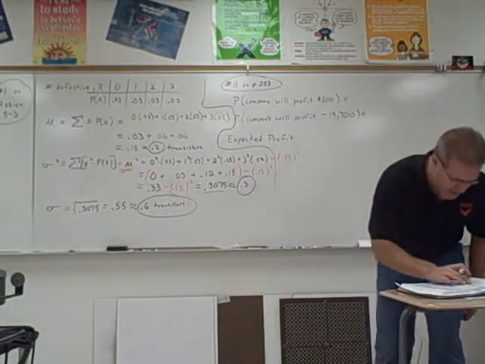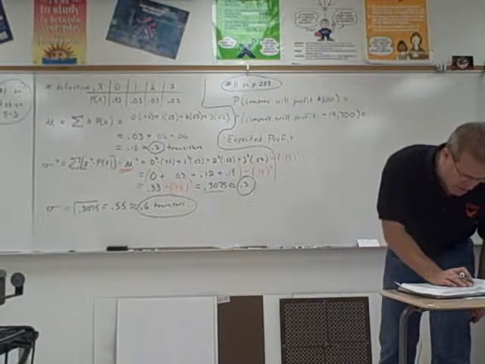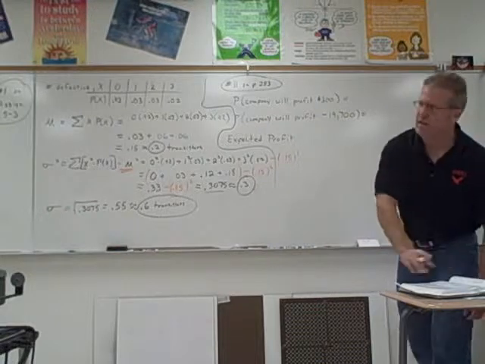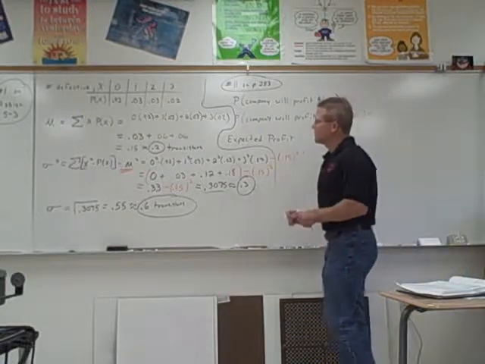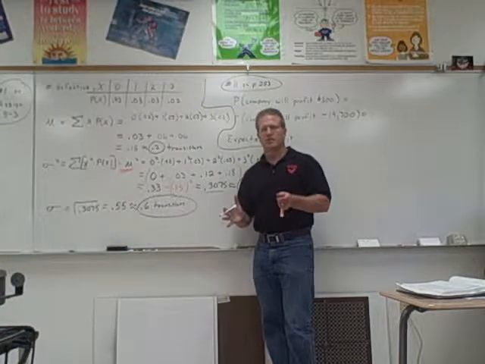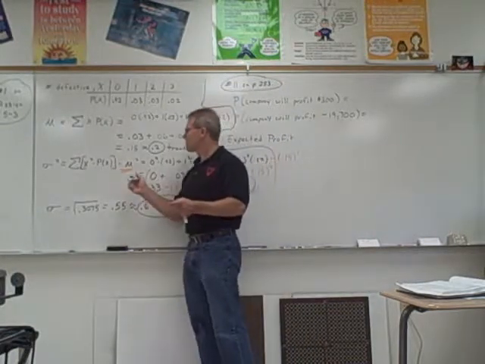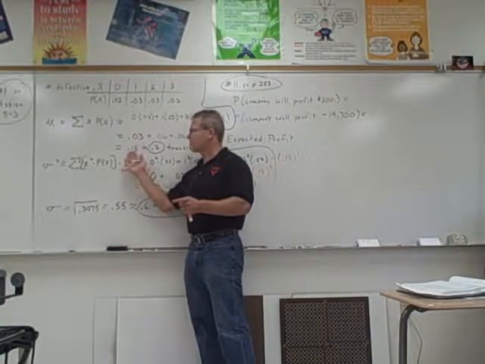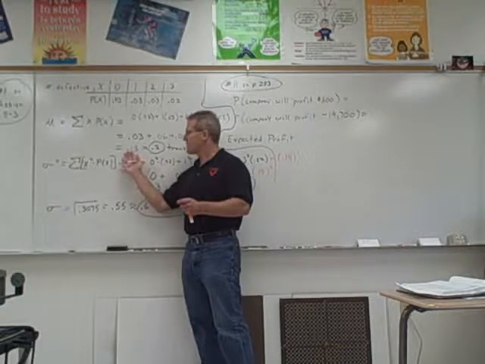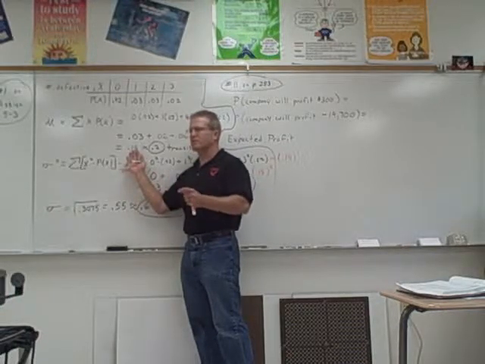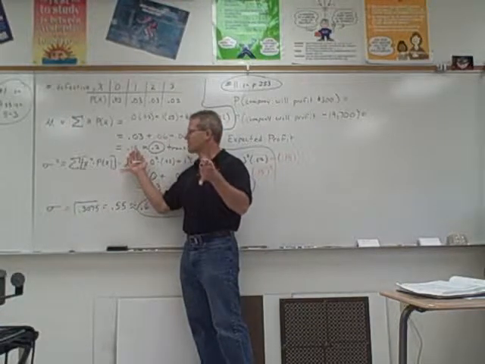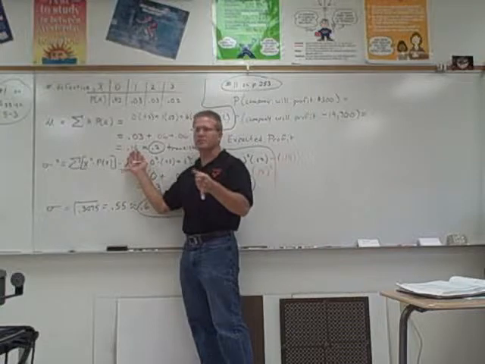Let's see if we forgot anything. About how many extra transistors per day would the company need to replace the defective ones if it used 10 cartons a day? So this question is saying, if they use 10 cartons a day, and they get an average of about, and I'm not sure if they use 0.15 or 0.2, I'd probably use the 0.15, but if they get an average of 0.15 bad transistors out of every carton, and they use 10 cartons a day, how can I figure out how many transistors they're going to get that are defective every day?